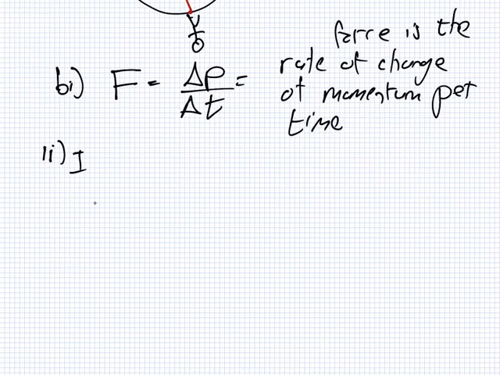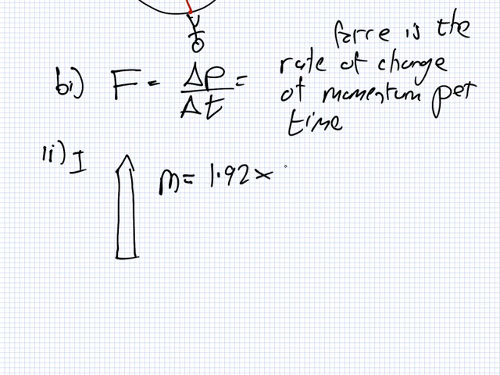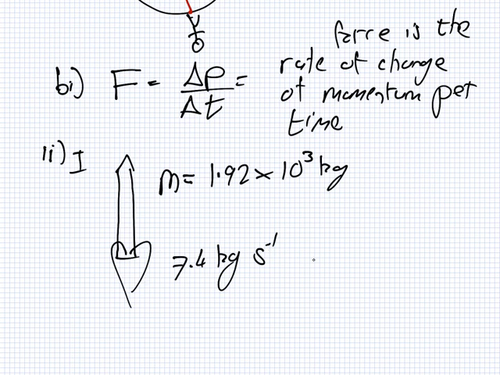A space rocket is standing before launch with a mass of 1.92 times 10 to the 3 kilograms. Fuel of 7.4 kilograms per second is released at a speed of 2.5 times 10 to the 3 meters per second.